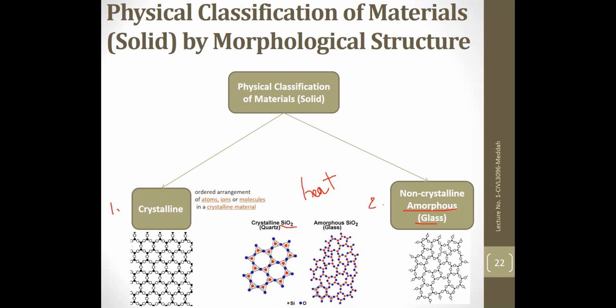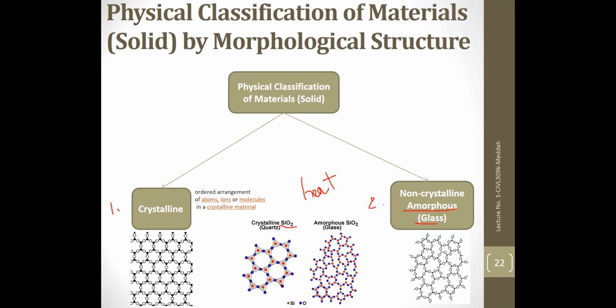It is a very vast and very deep topic, crystallography, so we're not going to study this in detail, but just keep in mind that for the two different materials, it's the same chemical composition, silicon dioxide, but here it is crystalline, here it is amorphous or glassy or non-crystalline.